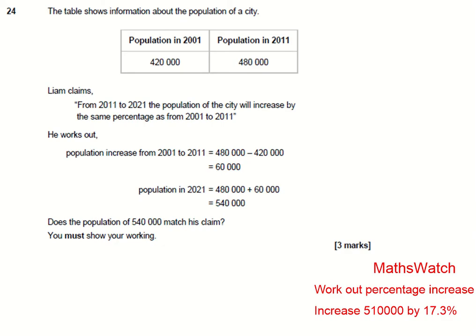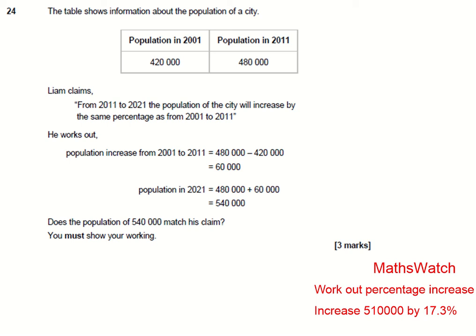Question 24. The table shows information about the population of a city. The population in 2001 was 420,000. The population in 2011 is 480,000. Liam claims from 2011 to 2021 the population of the city will increase by the same percentage as from 2001 to 2011.